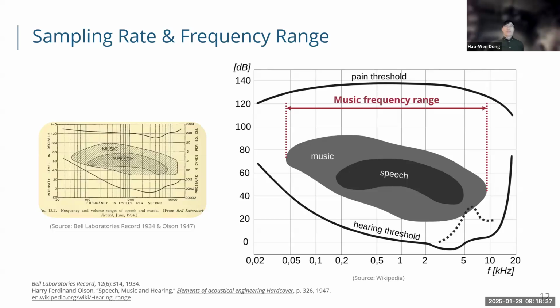So you can easily just use a 44.1K hertz sampling rate to cover the full range of music. And speech is from 0.2 to 5K hertz-ish. So that's why telephone is sampled at 8K hertz, because you cover most of the speech frequency range.